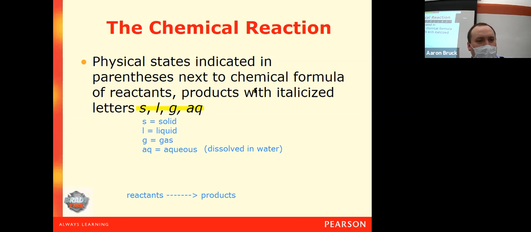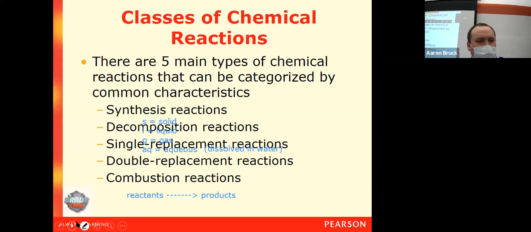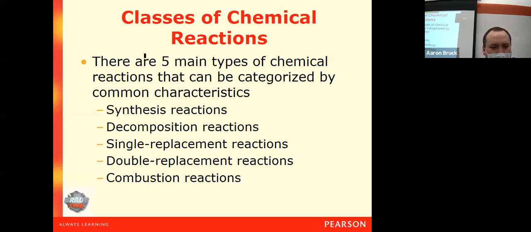So we're going to talk a good bit here about these kinds of chemical reactions. And when it comes to chemical reactions, they fall into really 5 main primary types, 5 different ways of characterizing chemical reactions based upon common ways of working.